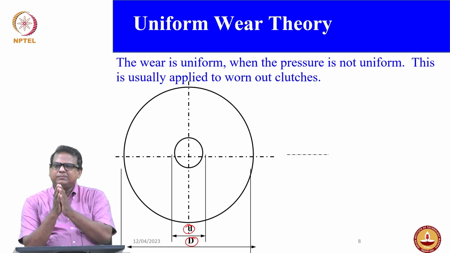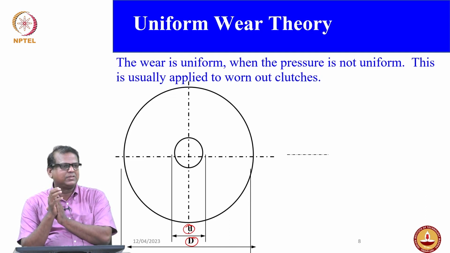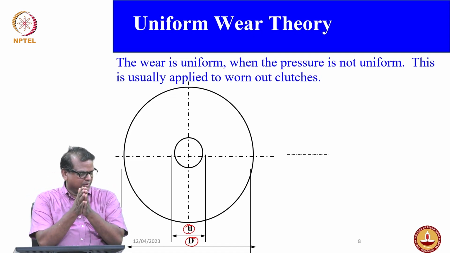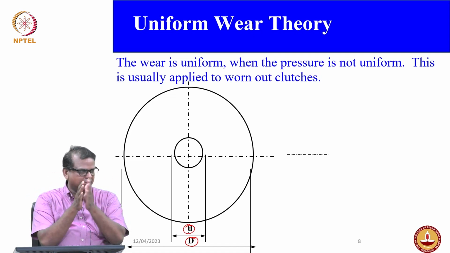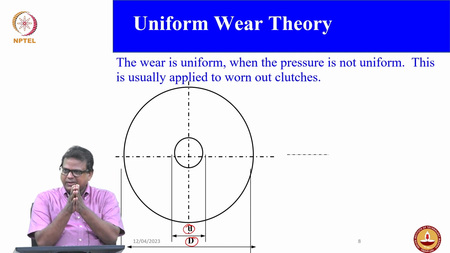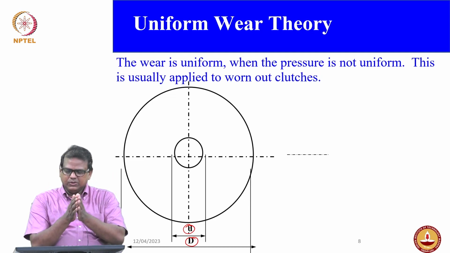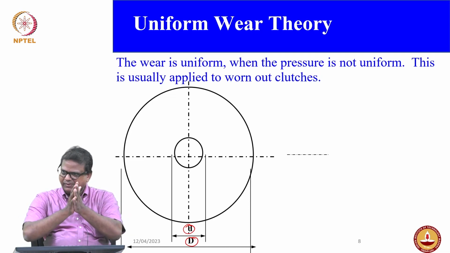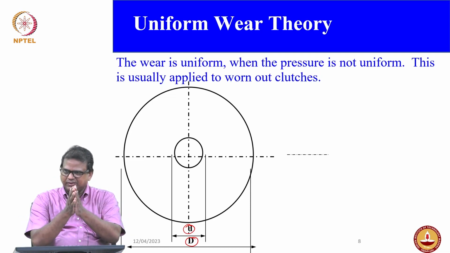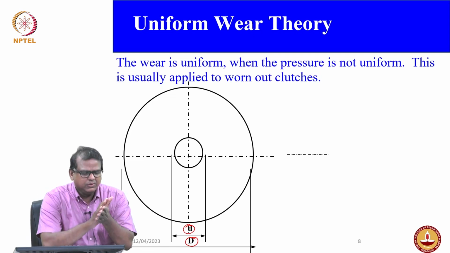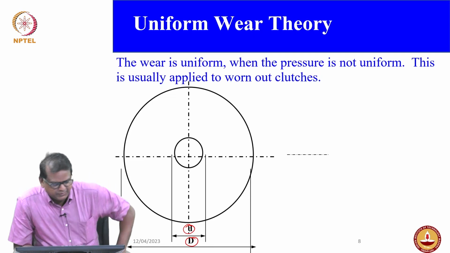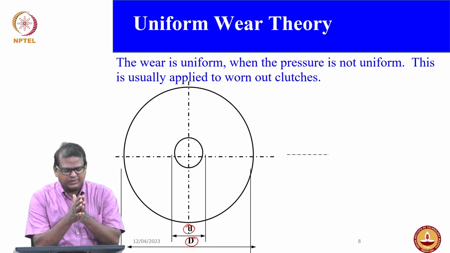When do you expect uniform wear? That is the question. When the clutch is brand new, the surface is very smooth, so when they make contact, the pressure is uniform. Over time they stick and rub against each other because of friction, so wear happens. Some places have wear, other places may not.